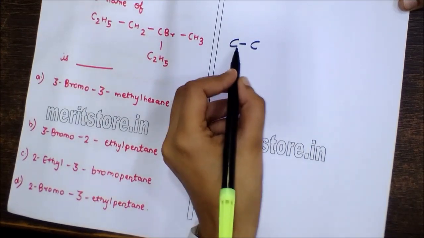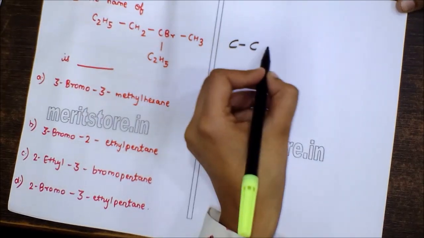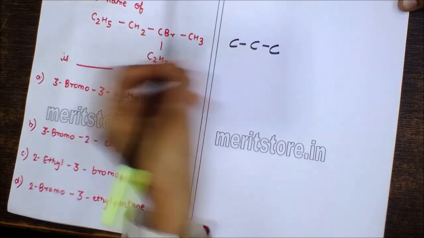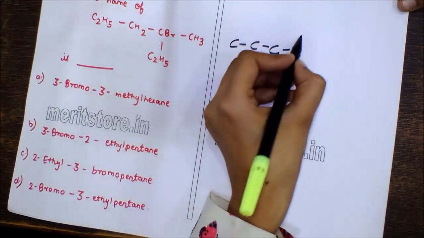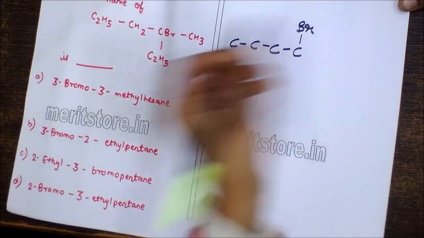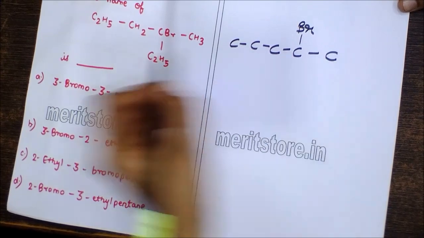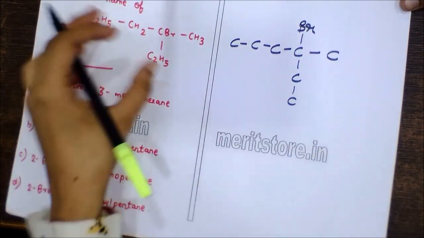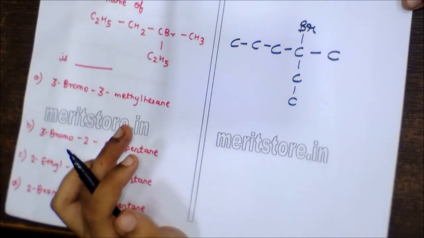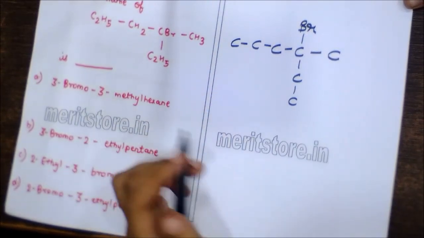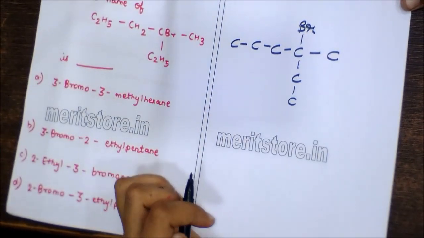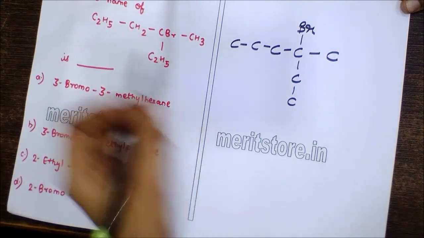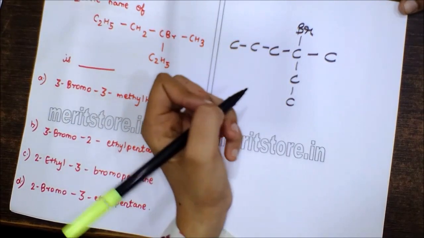I have C2, again I have a C over here, then this C is attached to a Br. This is my C, and over here again I have C2, so this will come down. I have written the same thing, eliminating the hydrogens and showing the bromine attached to the carbon. This makes a clearer vision of the given structural formula.